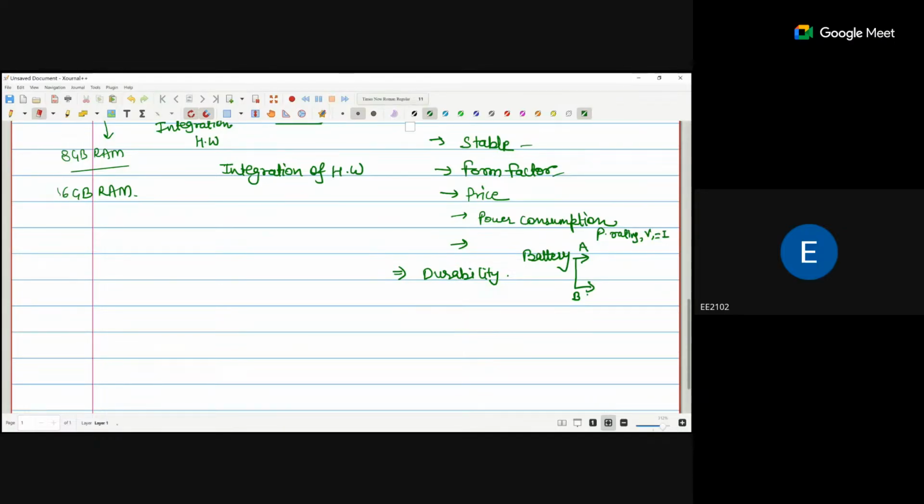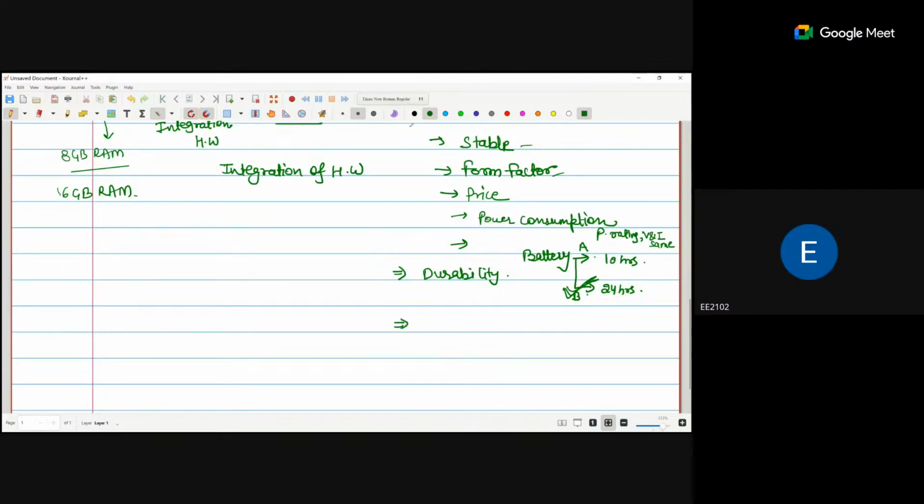V and I both, all three parameters are the same. One battery operates for 10 hours, one battery operates for 24 hours. Which one is more stable, more durable? That will work for 24 hours.